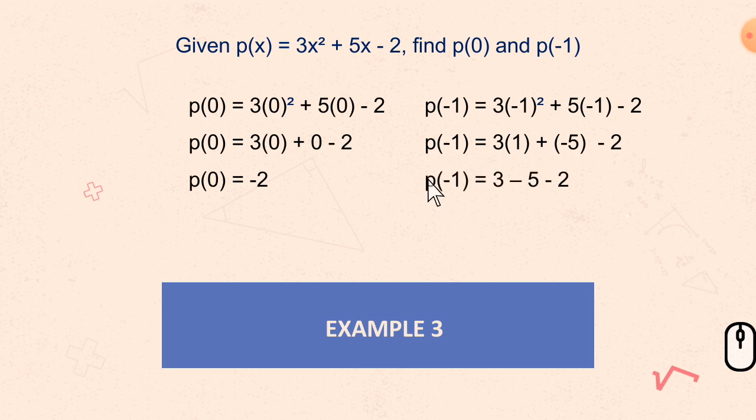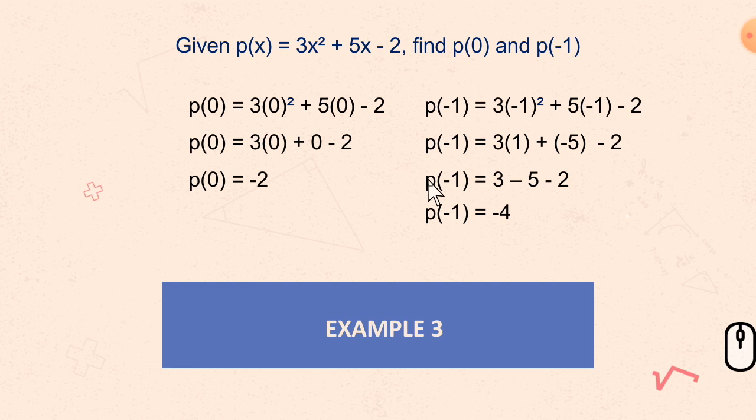And then 3 times 1 is 3. And then positive 5 times negative 1 is negative 5 minus 2. So dito, ang uunahin, the answer is P of negative 1 is equal to negative 4.